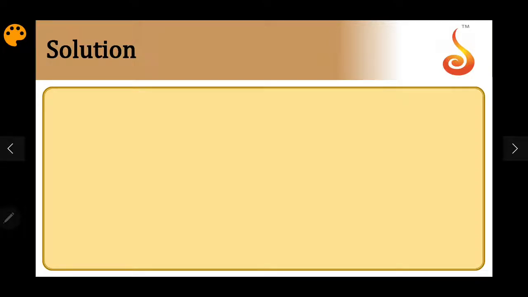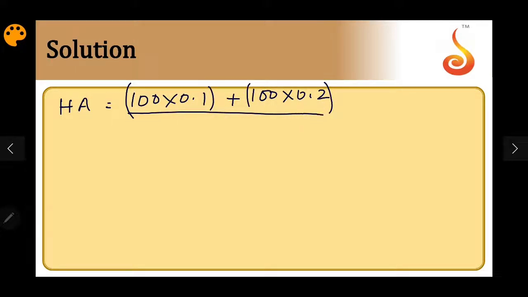So buffer 1. For HA, the number of moles will be 100 into 0.1. From the second buffer I am getting 100 into 0.2, whole divided by 200. That is the concentration of HA in the resultant buffer.